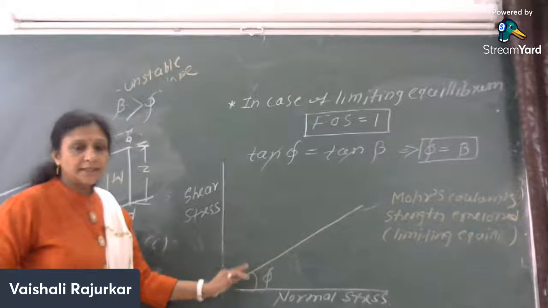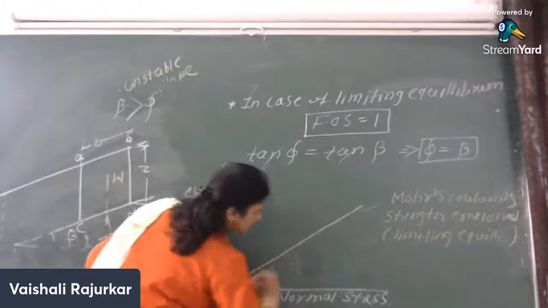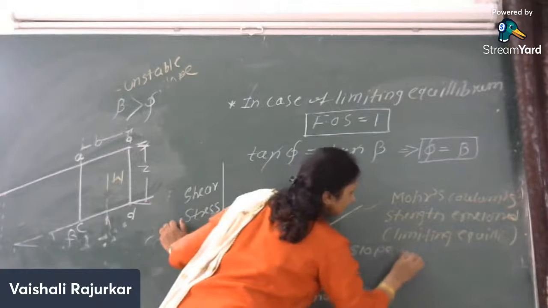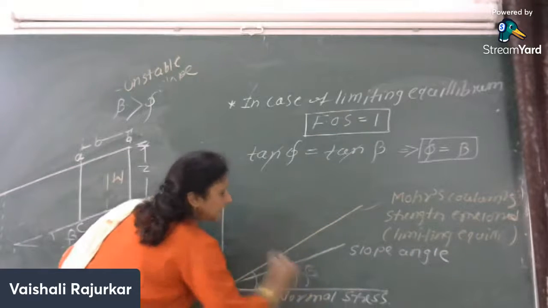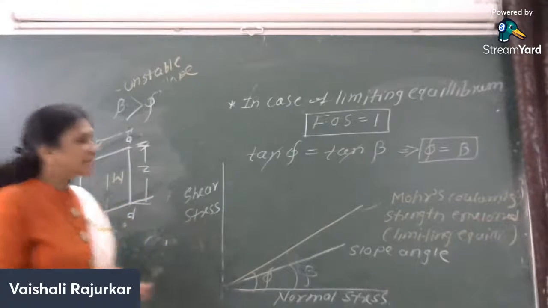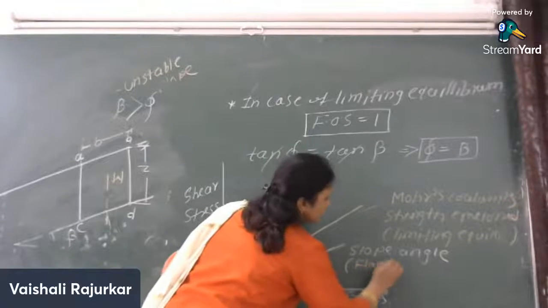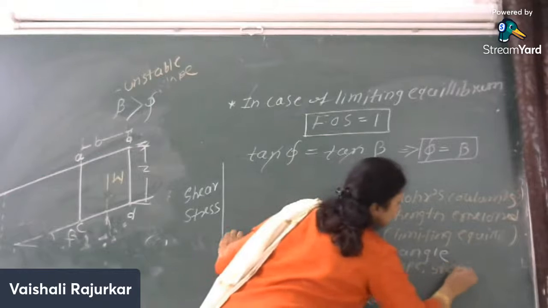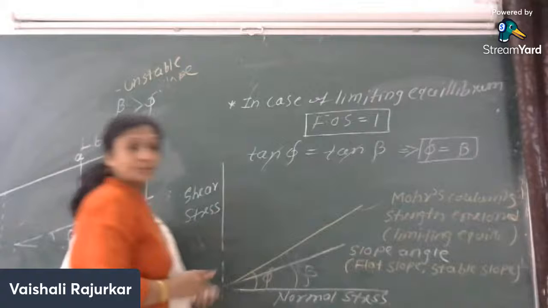Right? In this case, suppose this is the slope angle, making an angle beta. When the angle is less than phi, this is a flat slope, which is considered a stable slope.